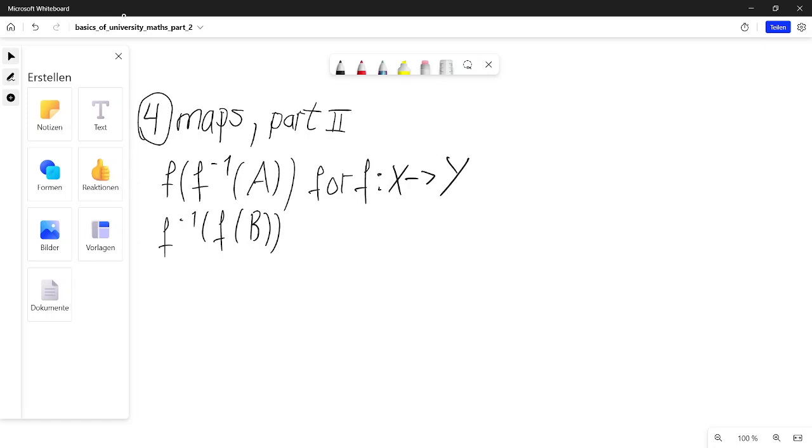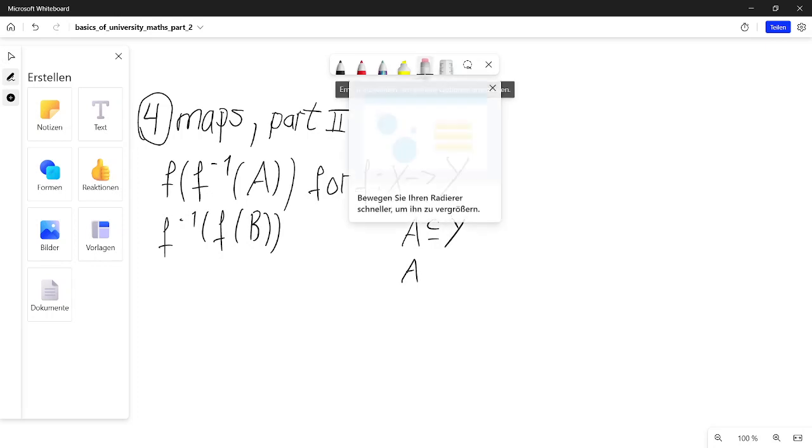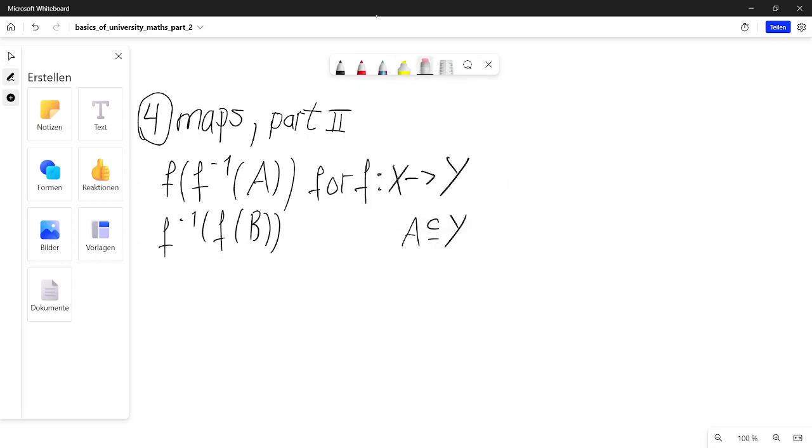We are already familiar with that. And since we apply the pre-image here, with A in Y, and here we apply the image, so B an element of X, right? All right, and we'd like to take a look at such objects.